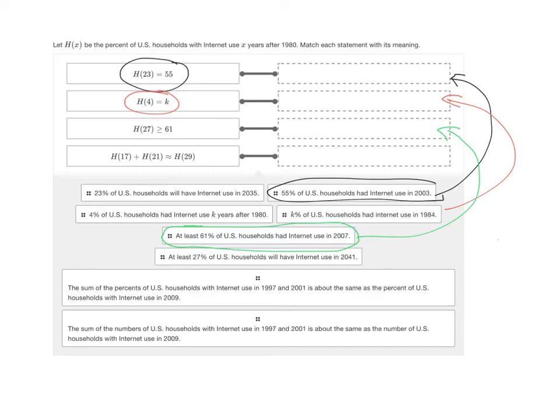So that one is going to be this one. The sum of U.S. households with internet use in 1997 plus 2001 is about the same as the number of households with internet. Yep. Alright, that's the correct answer.